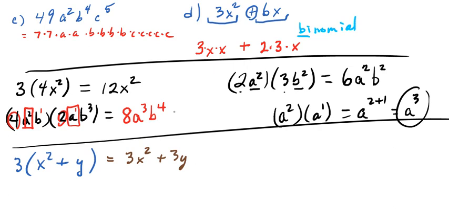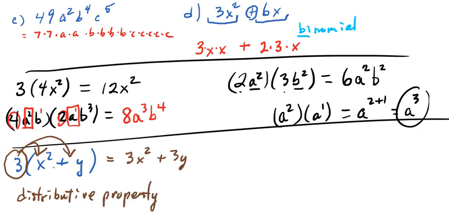Okay, so can you tell me how you got that? Okay, so you take this in the front and you multiply it by each thing. So by each term in the binomial. And that is exactly right. This is called distribution, or the distributive property, of multiplication.